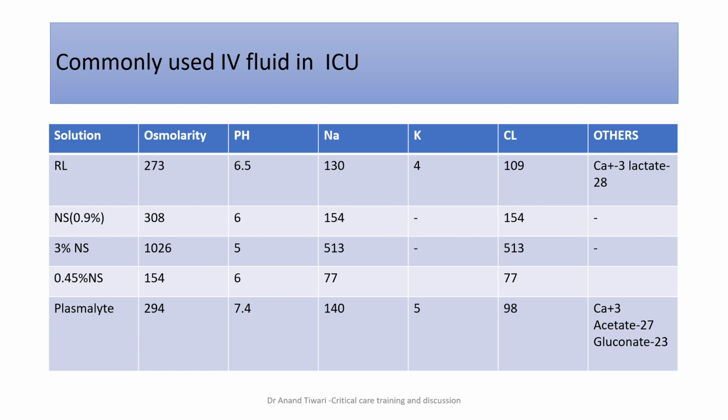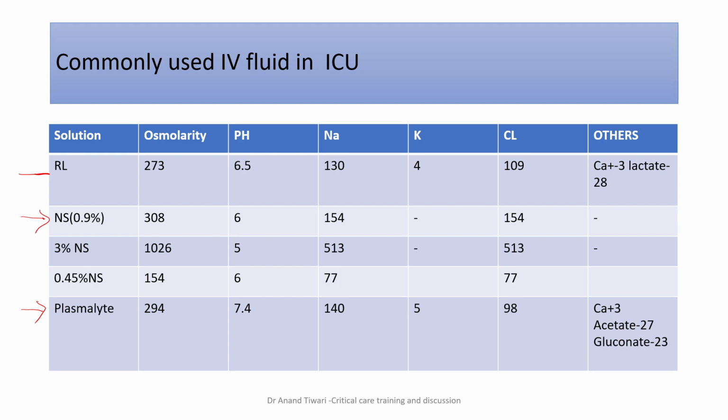We have the solutions which have osmolarity within the normal range of 285 to 295. The 3 common crystalloid solutions we use in ICU are ringer lactate, normal saline, and Plasmalyte. One principle is about the osmolarity and the other principle is about the balance of electrolytes in it.